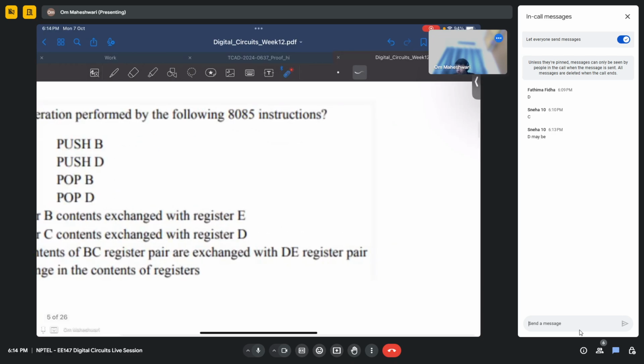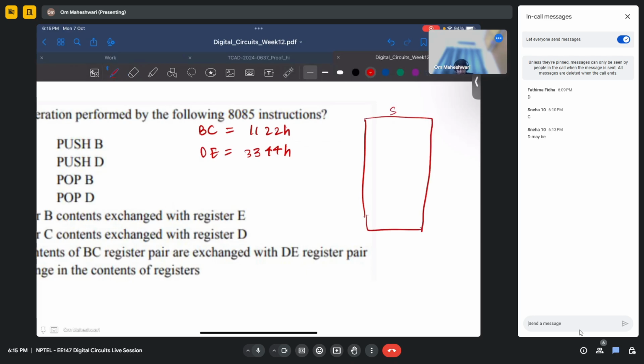Let us suppose your BC register pair has the value 1122H, and DE register pair has the value 3344H. And this is your stack. Let the stack pointer be pointing at, let's say, 4000H.